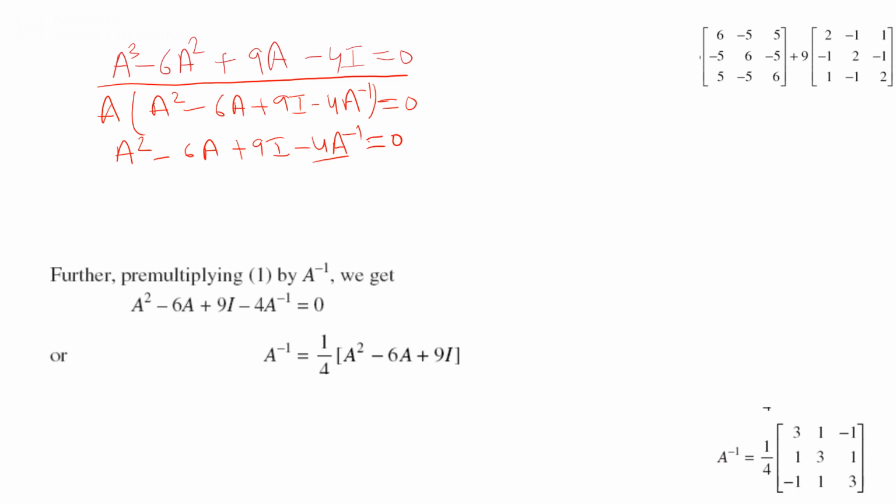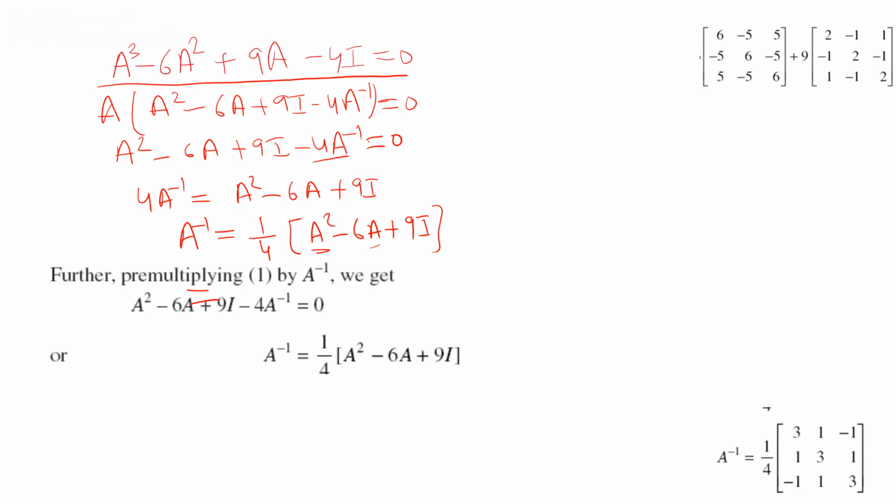Now take that term on the right hand side. So we write 4 A inverse is equal to A square minus 6A plus 9I, and A inverse is what now? 1 by 4 times A square minus 6A plus 9I. Now you can easily find A inverse because you already found A square and you know the matrix. So we write here 1 by 4, then the matrix A square.